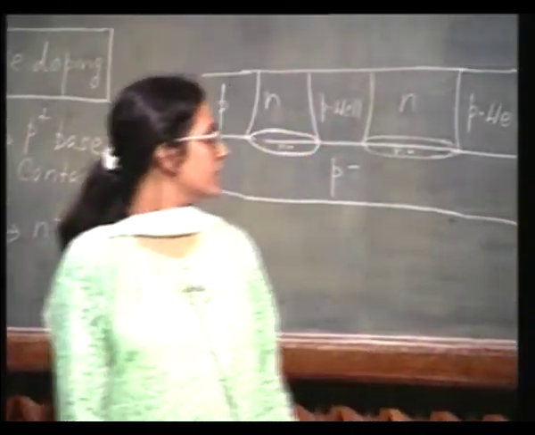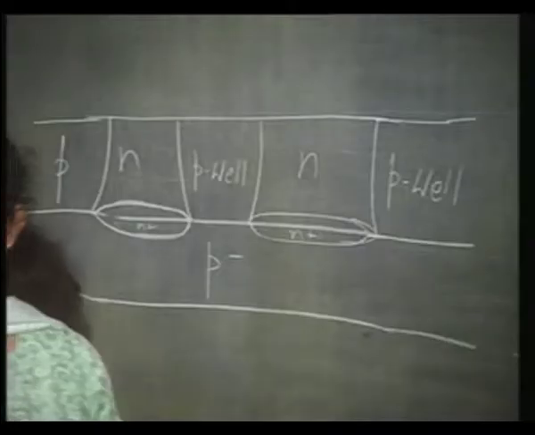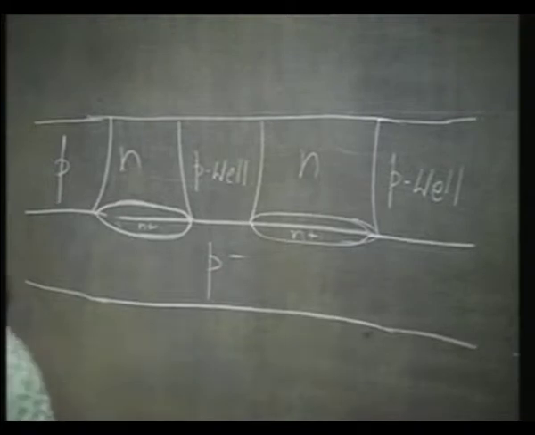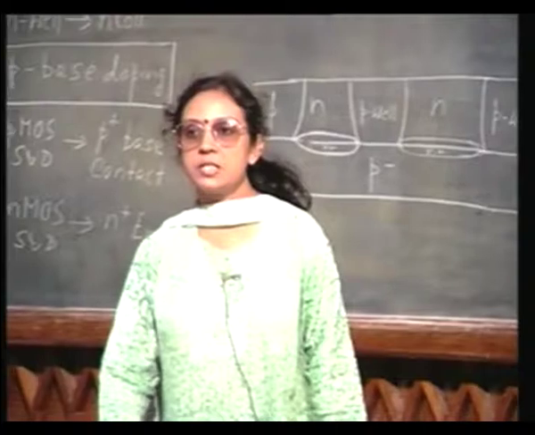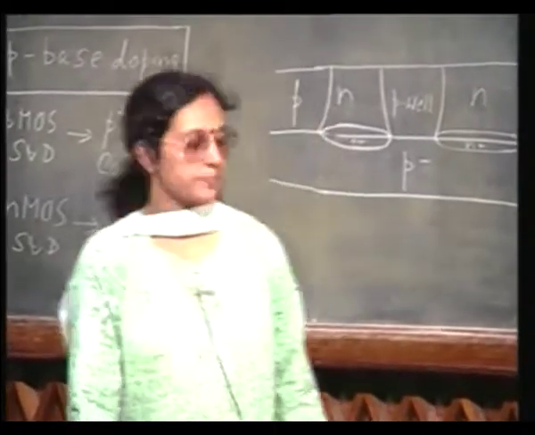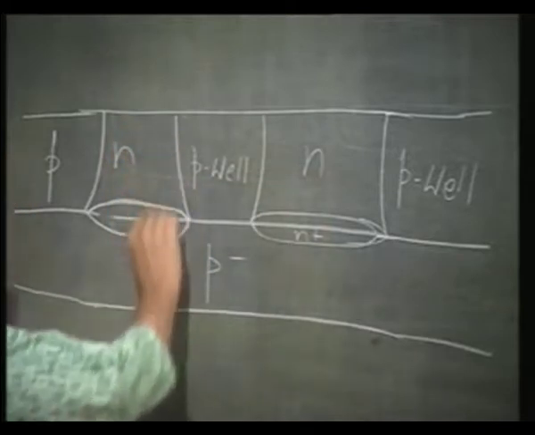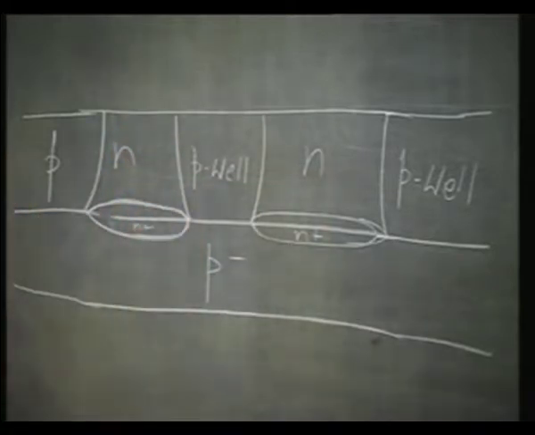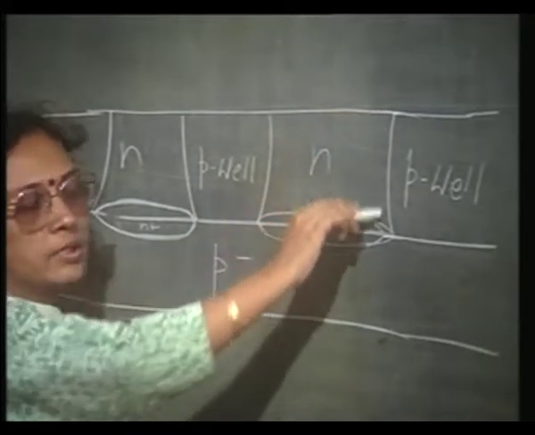So, the features of this particular process flow is this buried N plus layer, and you can also have a deep N plus collector here and here, that will also cut down the shunt resistance of your CMOS substrate as well as will reduce the collector resistance.